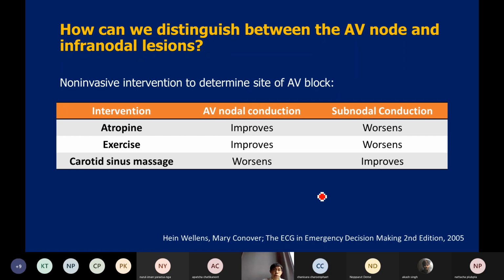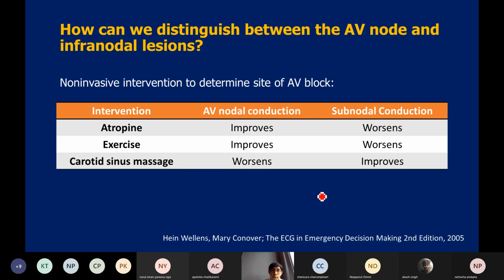The first intervention that we can do is to inject atropine. If it is the AV nodal block, the conduction would be improved. Like if it is a 2-to-1 block, 2 atrial beats and 1 conducted ventricular beat, we inject atropine in the patient. If it is the AV node conduction abnormality inside the AV node, the ECG should improve into 1-to-1 or into a lesser degree of AV block.